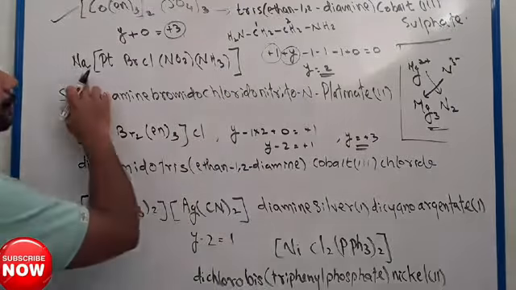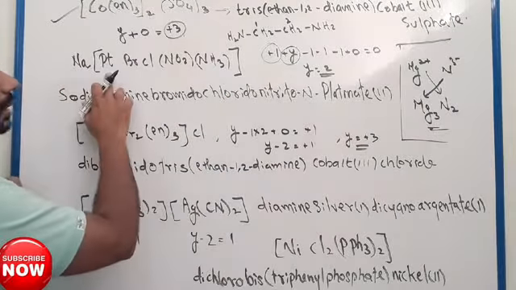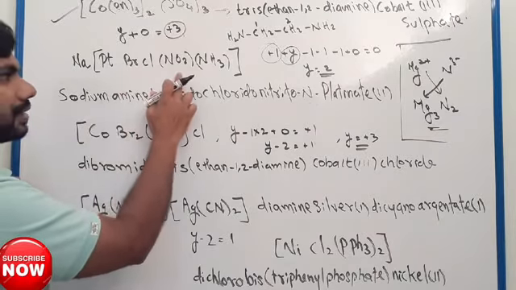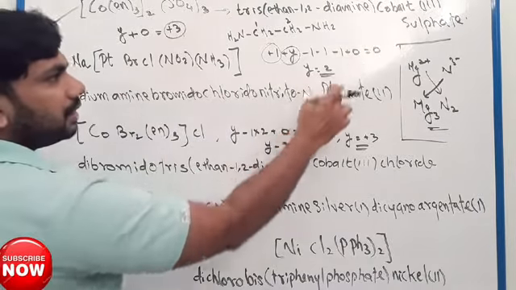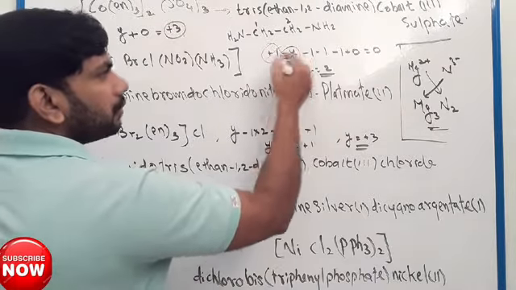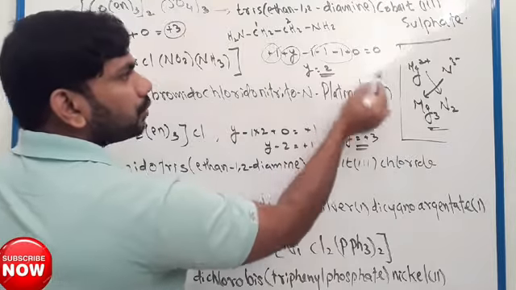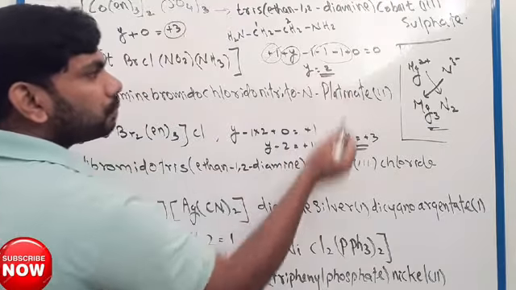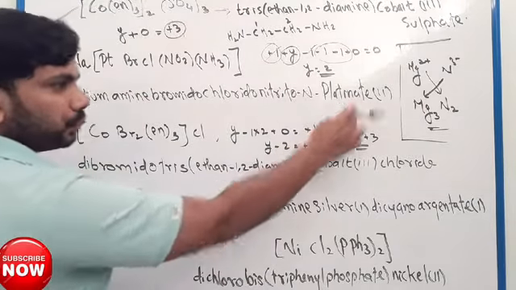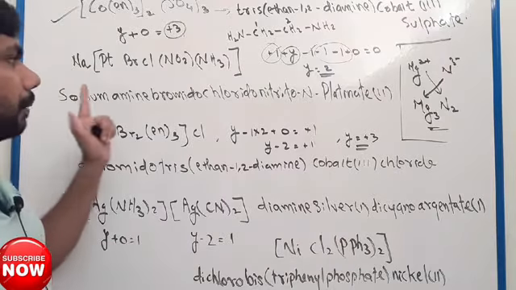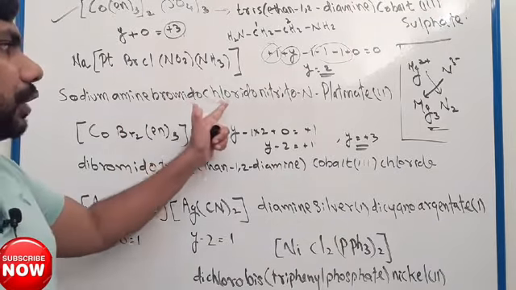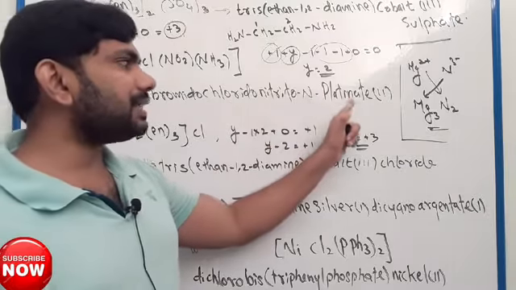Here sodium plus 1, this is unknown, minus 1, minus 1, minus 1, 0. That is written here. So when you solve this, y minus 2 equals 0. So y equals 2. So platinum is 2. Sodium amminebromidochloridonitrito-N-platinate(II).